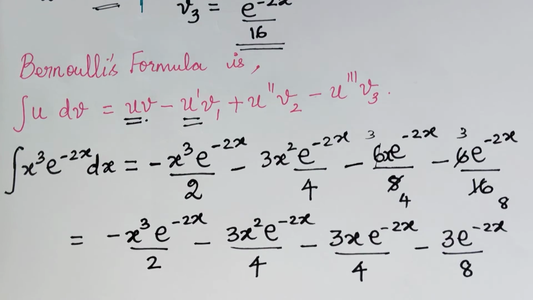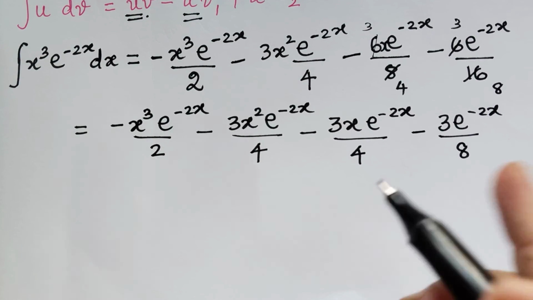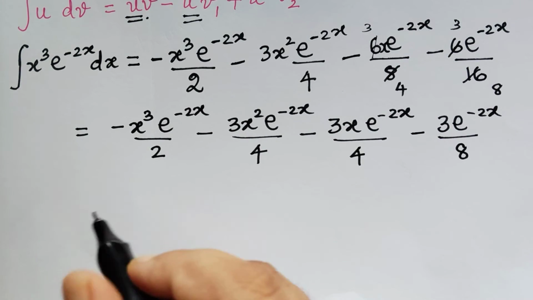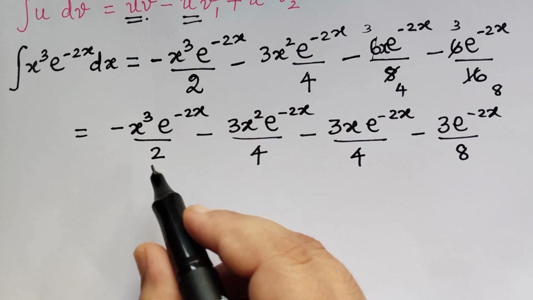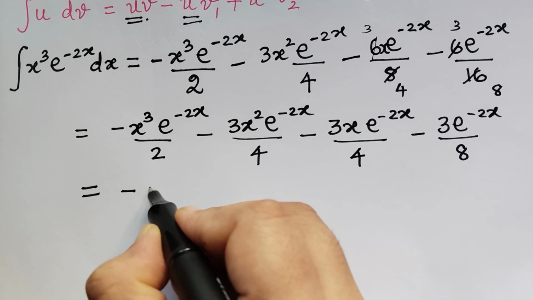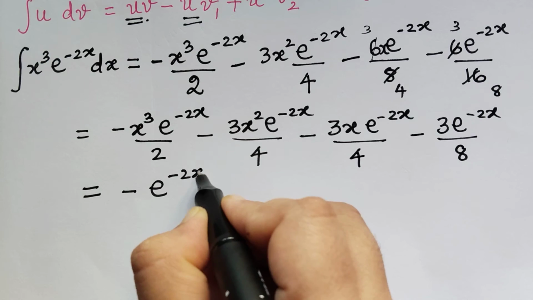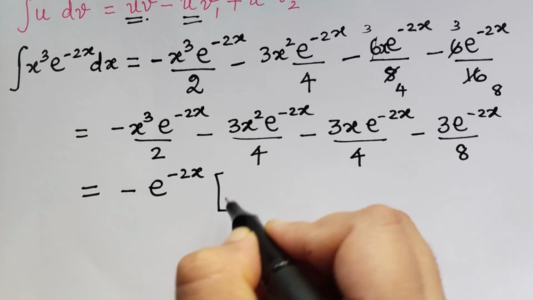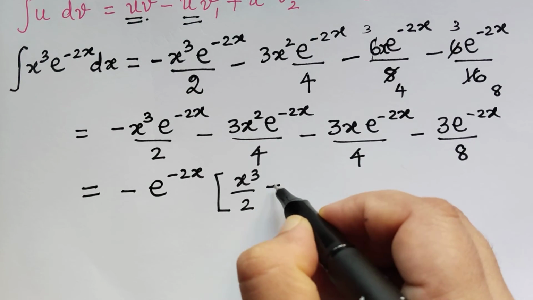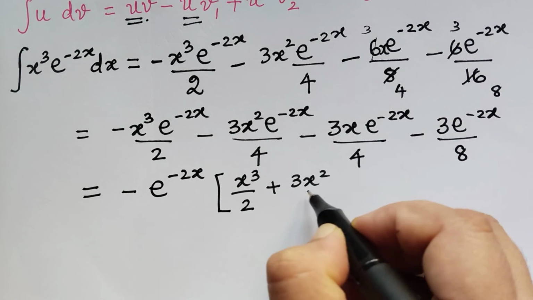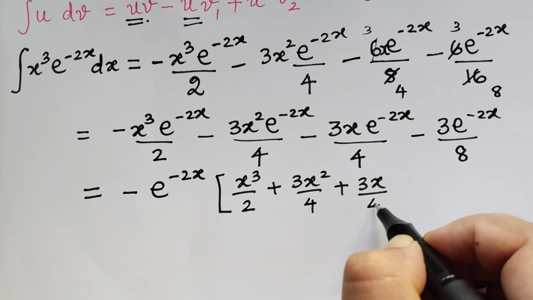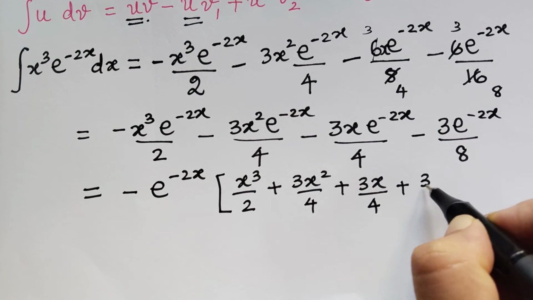Now we can take e to the power negative 2x in common, and the negative sign is also common in all the terms. So minus e to the power minus 2x can be taken out. Inside we will be having x cube by 2 plus 3x square by 4 plus 3x by 4 and then plus 3 by 8.